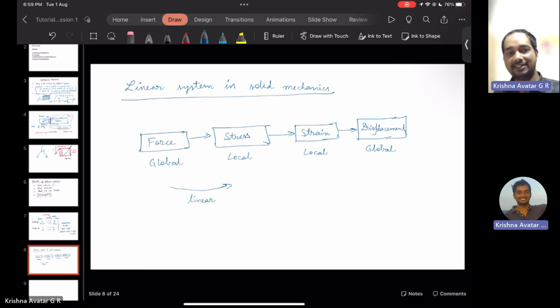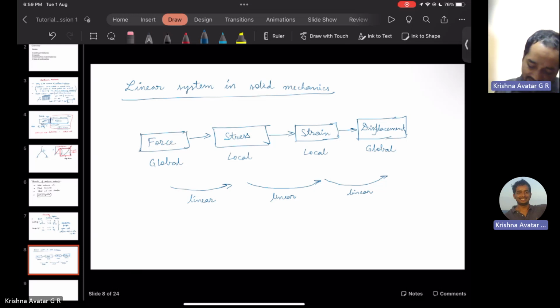Likewise, as stress increases by a factor, strain should also increase by the same factor. Likewise for strain, it should lead to displacement increased by the same factor. So that is what is linear. The relationship should be linear at every instant, from force to stress, stress to strain, strain to displacement. Then we call it a linear system in solid mechanics.